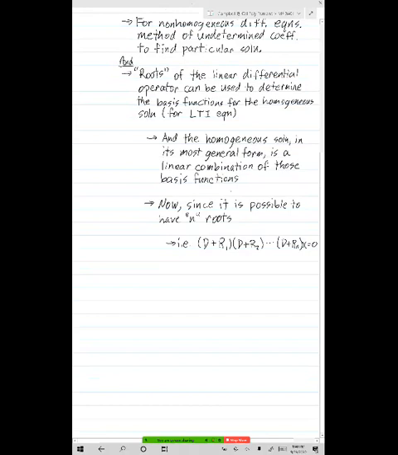Now, here, as you can see, I'm only showing for convenience first order roots, just to make writing it down a little bit easier. Clearly, we can have second order roots as well, but what's a second order root?